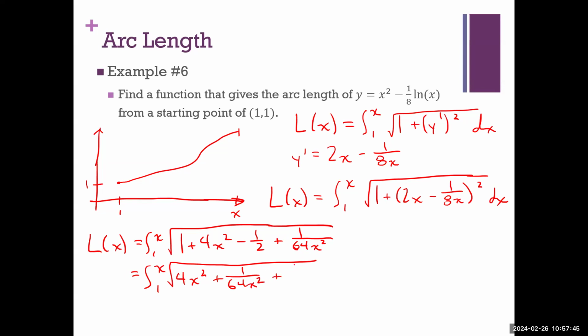Can I get a common denominator out of these terms? What would it be? 64x squared. What's 64 times 4? 256x to the 4th plus 1 plus 32x squared over 64x squared.